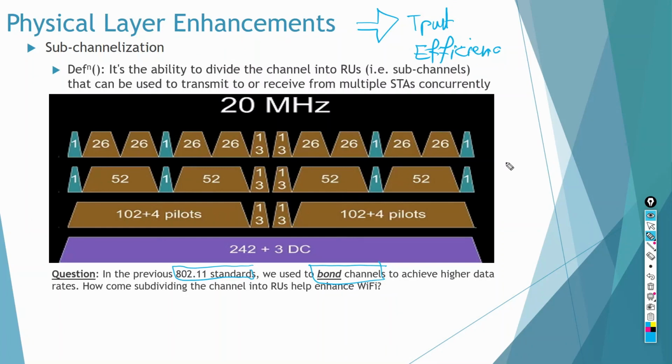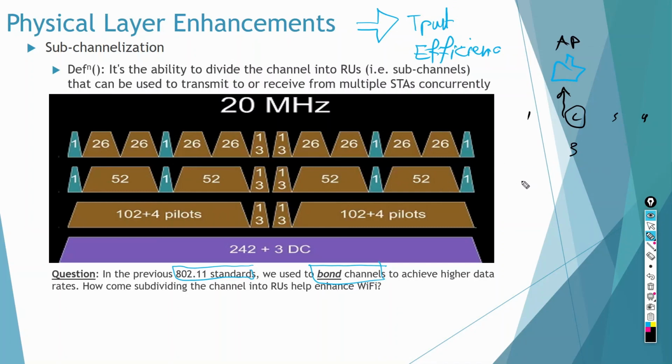So if you remember the case where we have one access point, this is an AP, and we have 4 clients, 1, 2, 3, 4. If one client is transmitting, the others are waiting for their turns in the waiting list. So instead of having them wait, I can subdivide the channel.